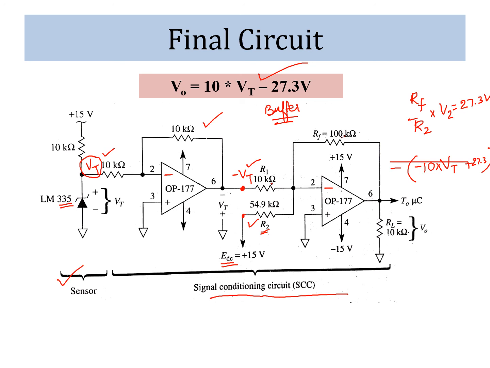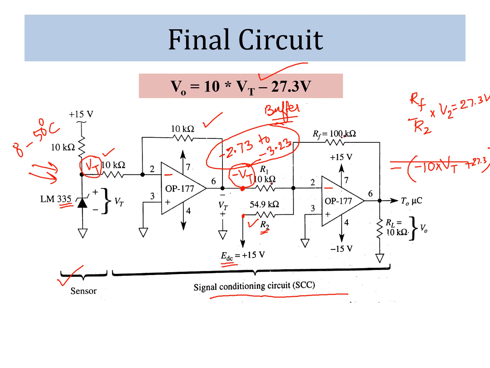Now here I want to make one very important note for you: this Vt will never be less than 2.73, or if it is negative, I should write minus 2.73 to minus 3.23. It will always be between this range. The reason is that our temperature variation is from 0 degrees centigrade to 50 degrees centigrade.